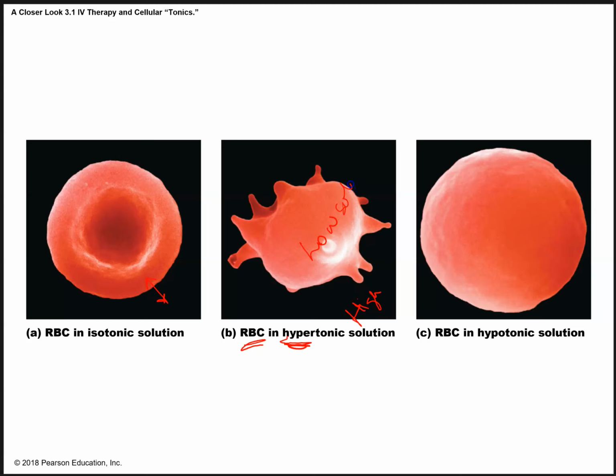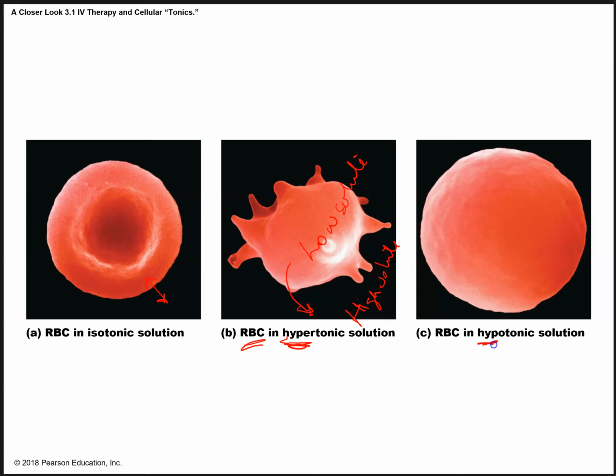Low solute to high solute. Okay, so when the concentration of solute is higher outside than inside the cell, water wants to move out of the cell. So this leaves the cell deprived of water and the cell shrinks in a hypertonic solution.